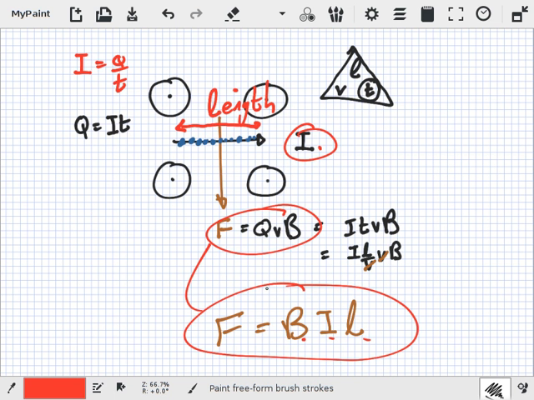L is the distance, the length of the wire.